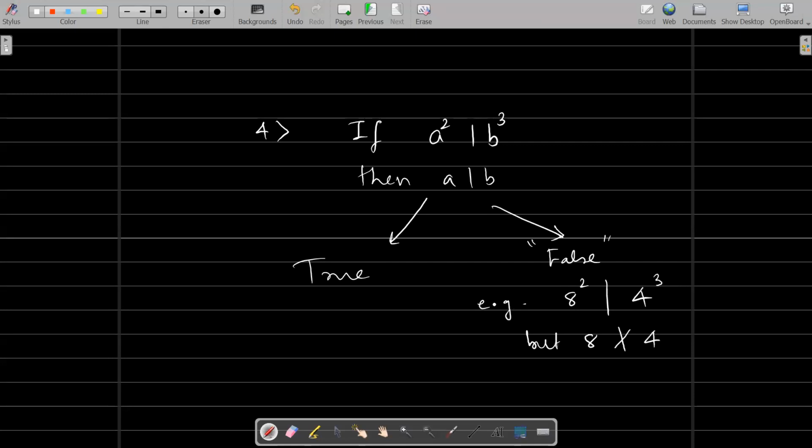So whenever A square divides B cube, that does not mean A divides B always. Here is one example: 8 square divides 4 cube, but 8 does not divide 4. So the answer is false. It's not true.